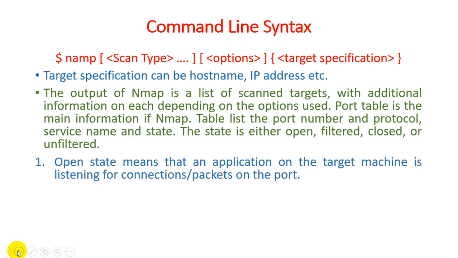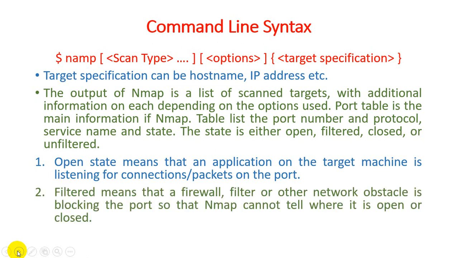First, the open state means the application on the targeted machine is listening for connections and packets on the port. As the name itself suggests, it is open, meaning a particular port number is able to listen for a connection or a packet. Second, filtered means that a firewall, filter or other network obstacle is blocking the port so that Nmap cannot tell whether it is open or closed.